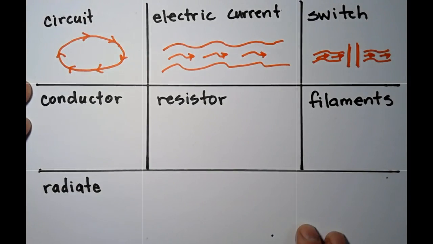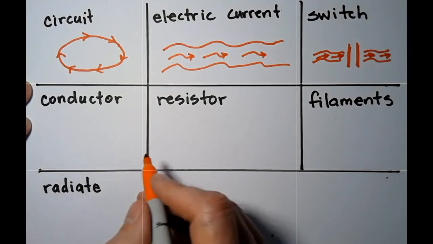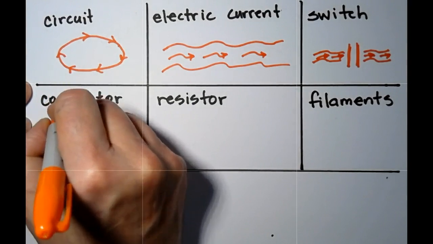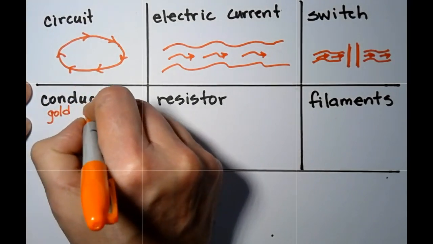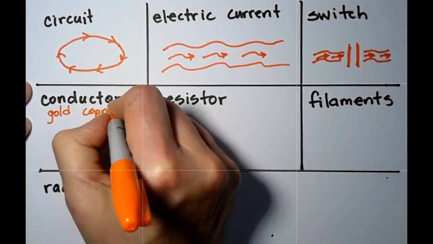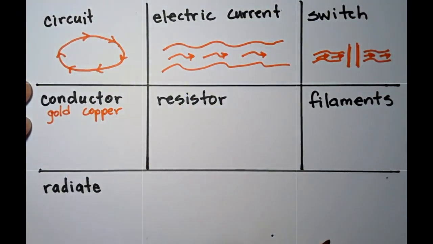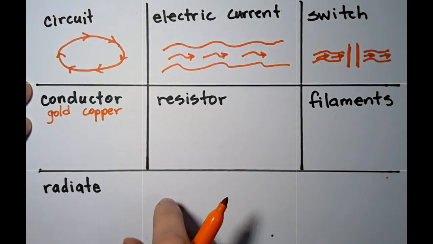And the next word that we had is conductor. A conductor is something that allows electric current to flow easily. So we talked about a couple examples. The metal gold or copper are two examples of conductors because they allow electricity to pass through freely.